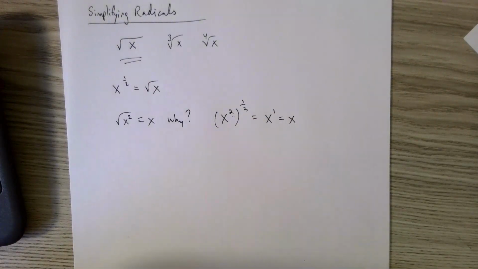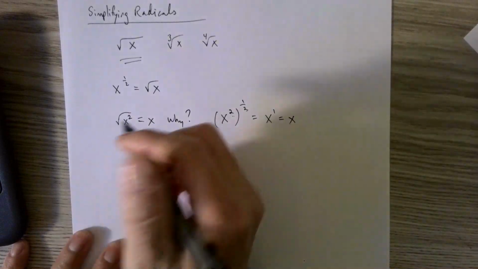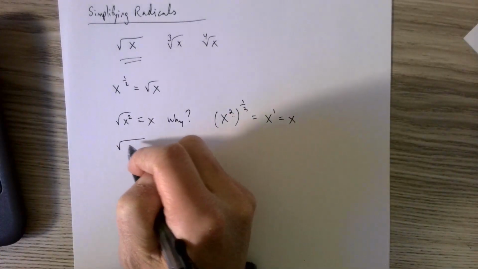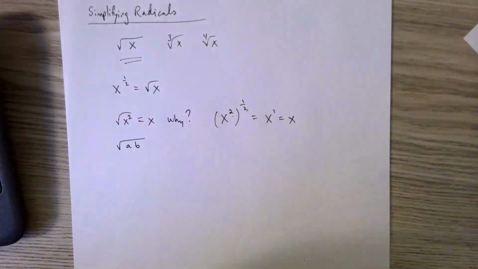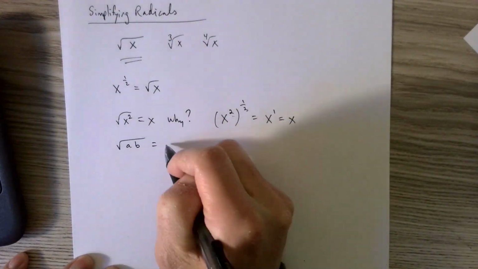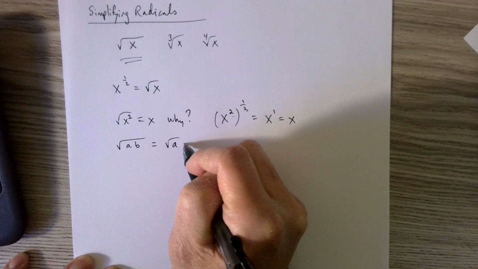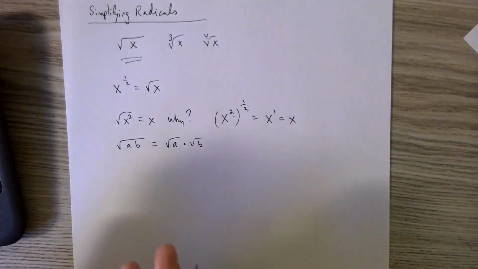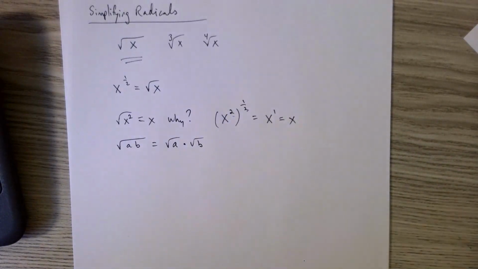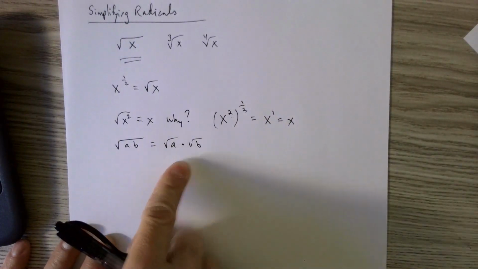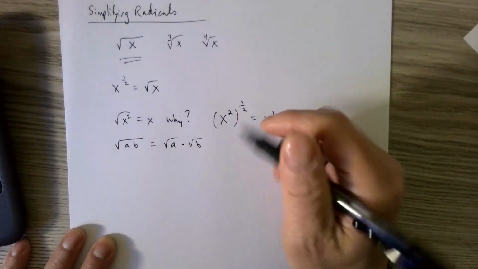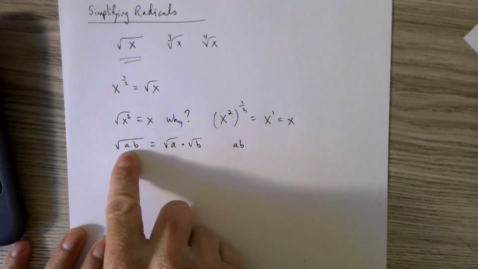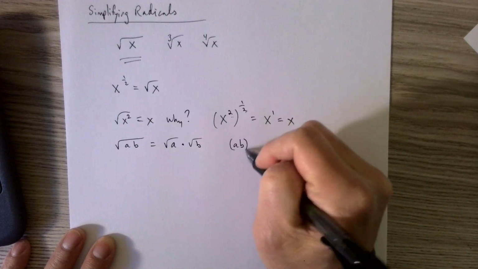Now, it's also true that if I have the square root of a product, a times b, that equals square root of a times square root of b. This is another basic fact about radicals, which also may seem common sense, but there is a reason. In exponential form, square root of ab is ab to the 1/2 power.